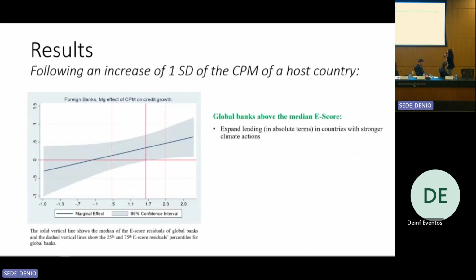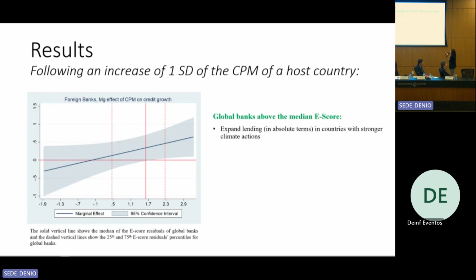And here I'm going to summarize how the response of global banks seems to be. In the x-axis, you can see the environmental scores of banks, and in the y-axis is the credit growth. Clearly the trend is positive. This red solid line is the median environmental score of a global bank.